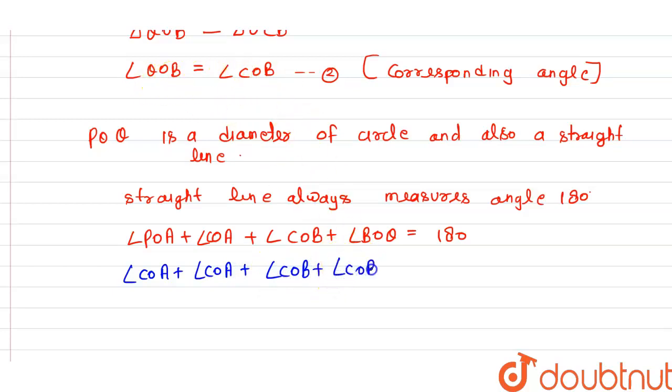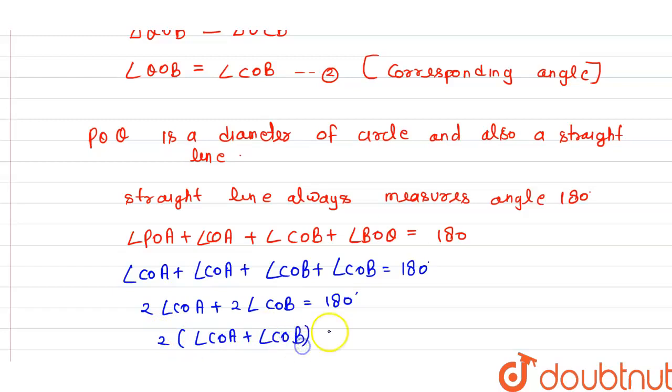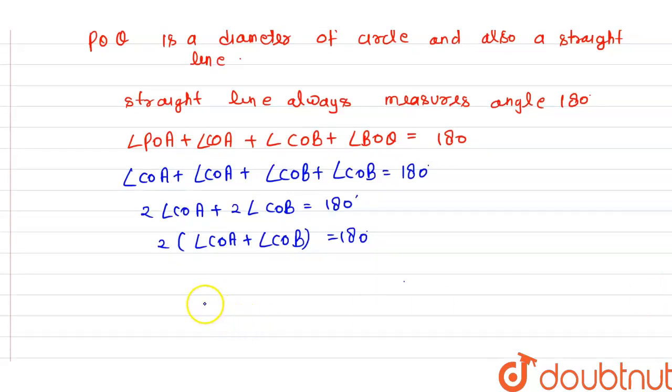So it will be 2 angle COA plus 2 angle COB equal to 180 degrees. Taking 2 as common, angle COA plus angle COB is equal to 180 by 2, which equals 90 degrees.